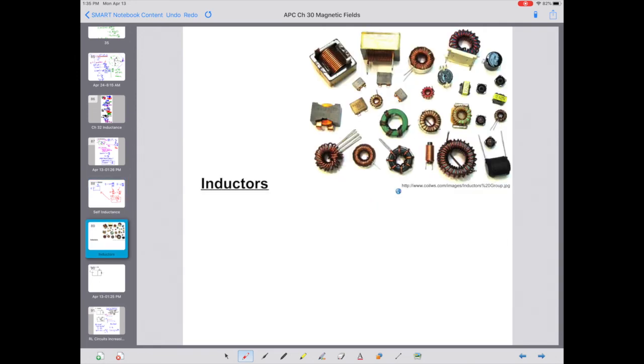Inductors. There's a picture of all kinds of inductors. If we were in the classroom, you would be pulling those circuit boards out one more time to look at them and find inductors, and we would ponder observations of those. An inductor, usually they are solenoids or toroids.